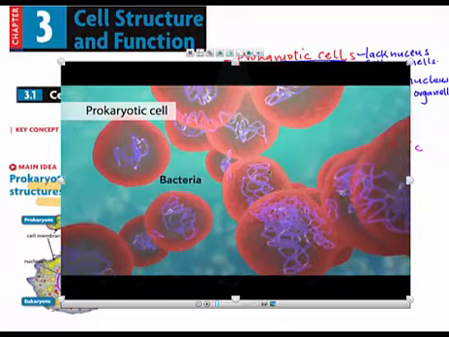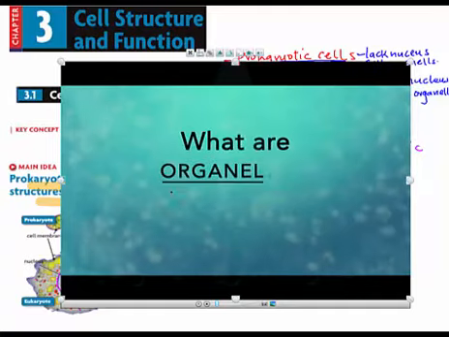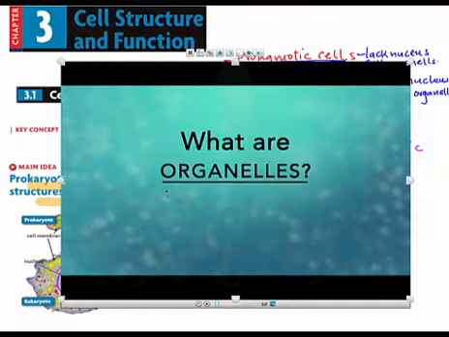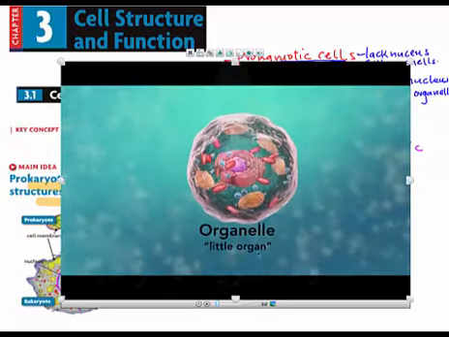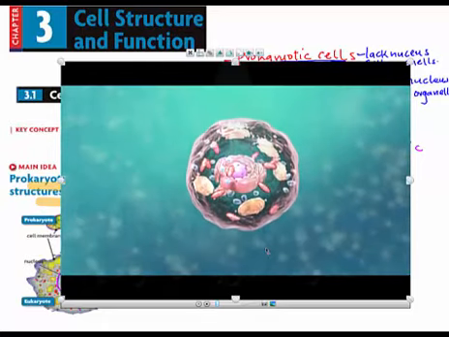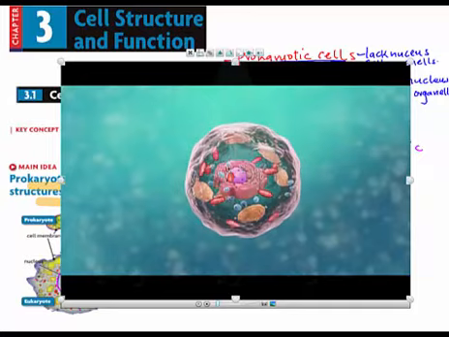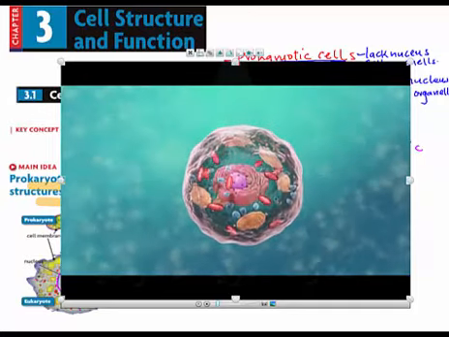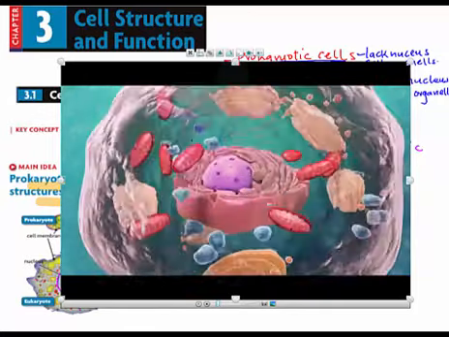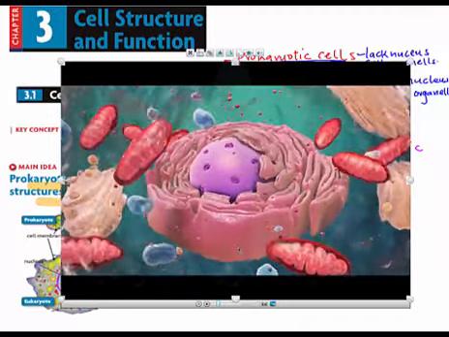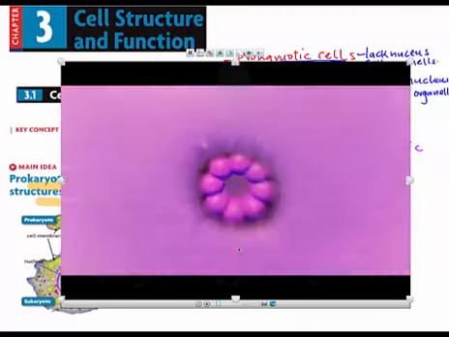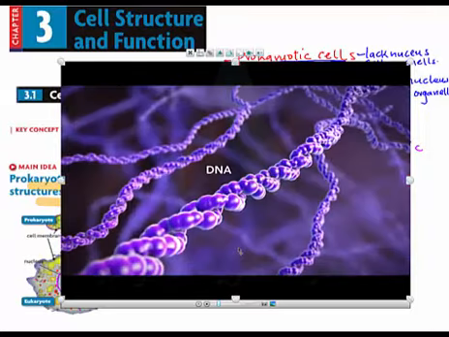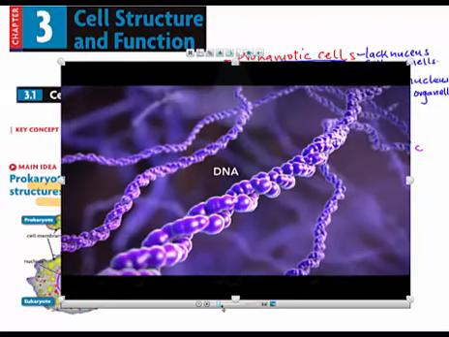Prokaryotes include bacteria; bacteria is just an example. Then we have other cells with organelles, little organs, as we may call them. The organelles are floating in the cytoplasm. We will be looking at these details in another video.